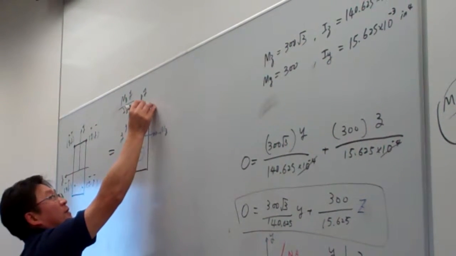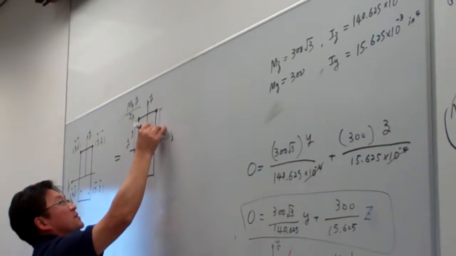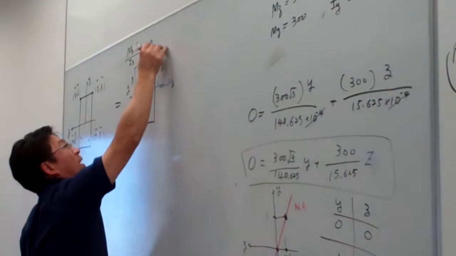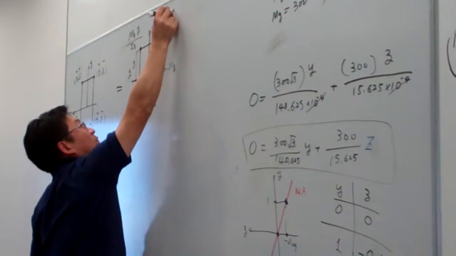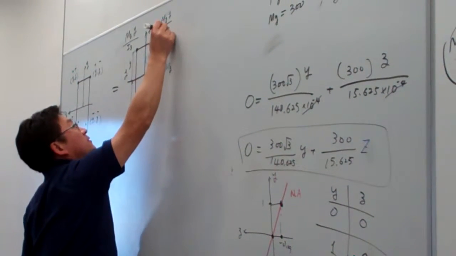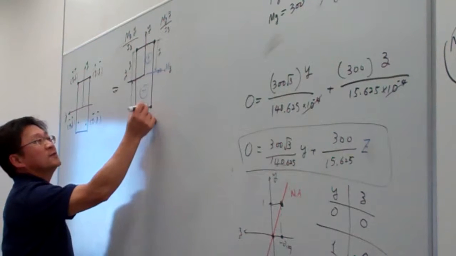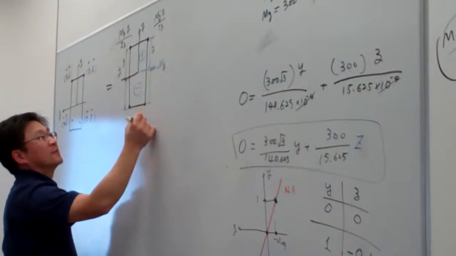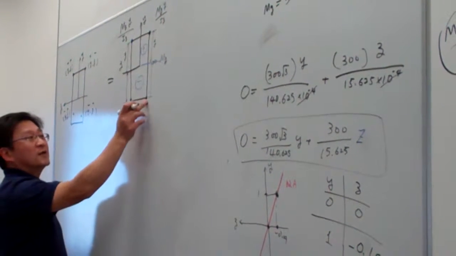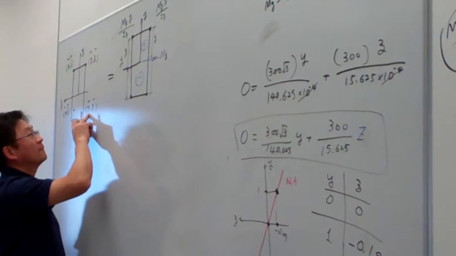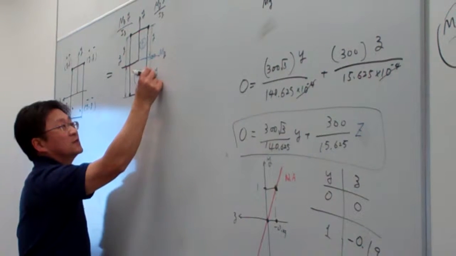And now at this point, again, the distance is y, so the magnitude is Mz, y, and Iz, right? Yes. At this point, the distance is how much? The coordinate is y, and so the distance is minus y.